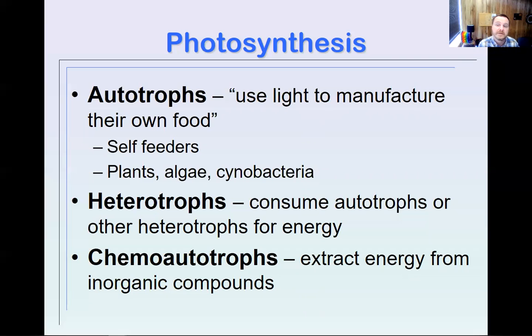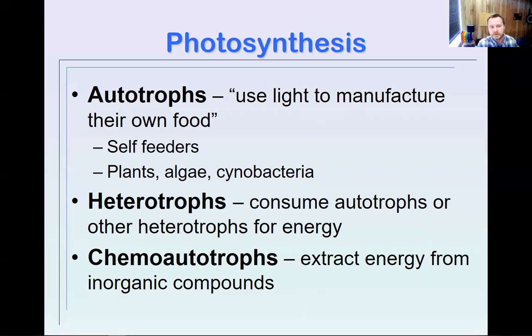But mostly plants and algae are really where a lot of our sunlight gets converted to sugars. Heterotrophs, that's like you and I. But that's also like the herbivores, like cattle, sheep, and other organisms that only consume autotrophs directly.